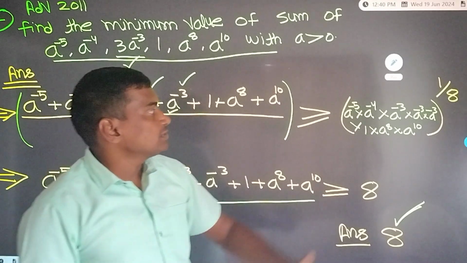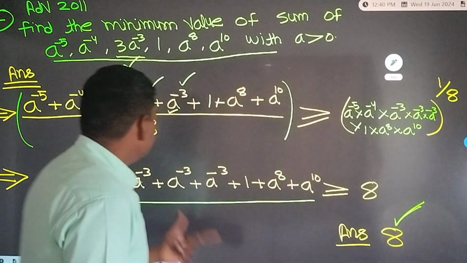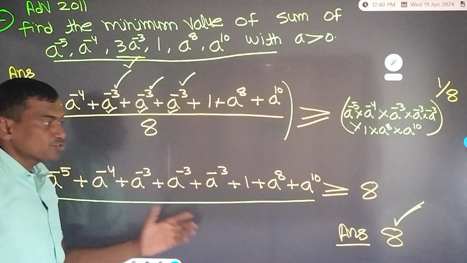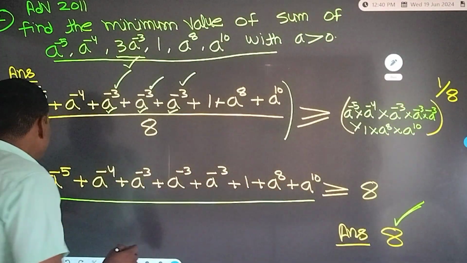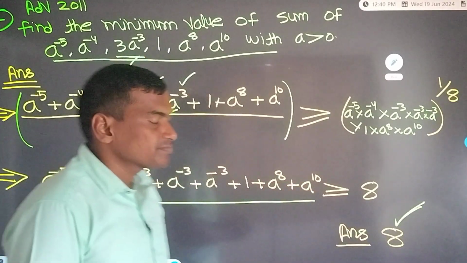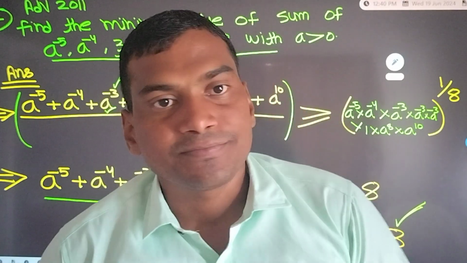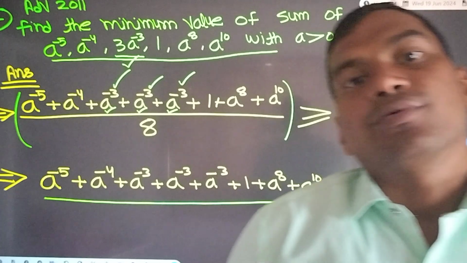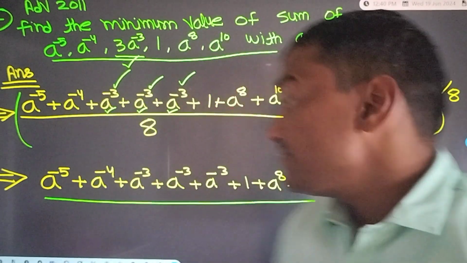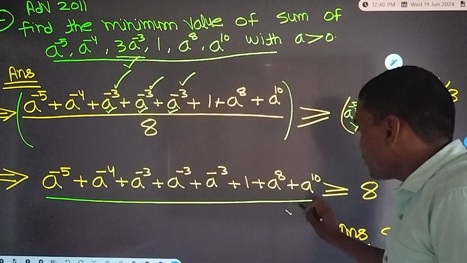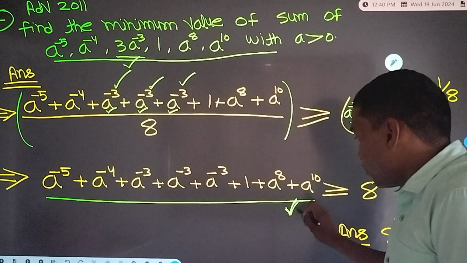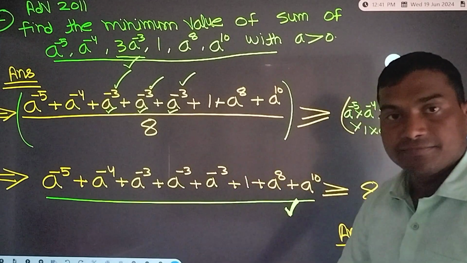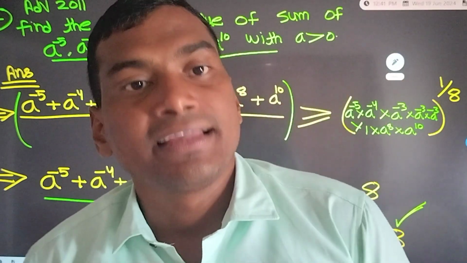Okay, so this side it is 1 and this side was this by 8, so we send that to the other side. So we can see the sum of all these numbers is coming out to be greater than or equal to 8. So if this side is always greater than or equal to 8, then what is the minimum value of this side? 8. 8 is the answer.